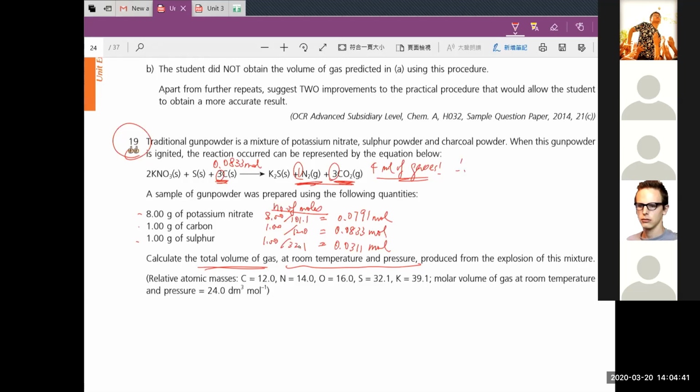So what is the total number of moles of gas? Remember that 3 to 4. So it is 0.0833 over 3 times 4. Agree?